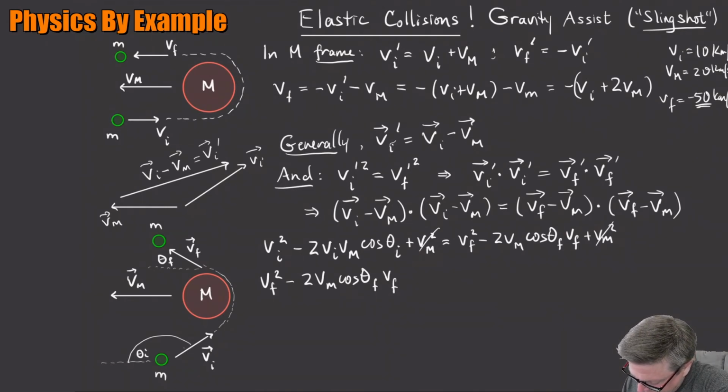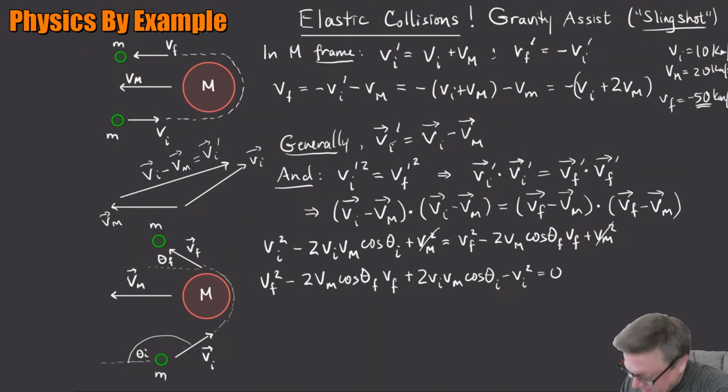So this is going to be plus 2 Vi Vm cosine theta i minus Vi squared equals 0. There we go. So there's our quadratic equation where this thing is our B, and then this thing is our C.